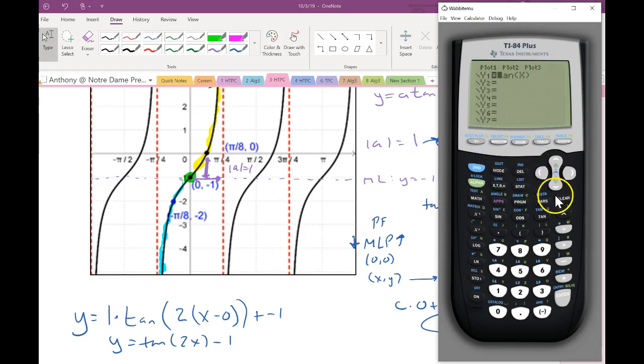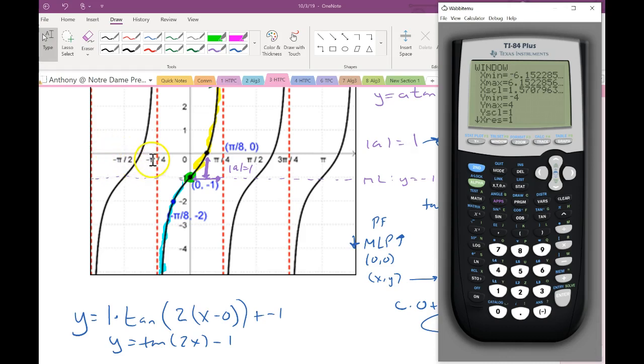So if I wanted to, I could graph tangent 2x minus 1. And I want to graph this on the same viewing window that I'm looking at here. So to me, that looks like this is -3/4 pi. Do you guys agree with that?